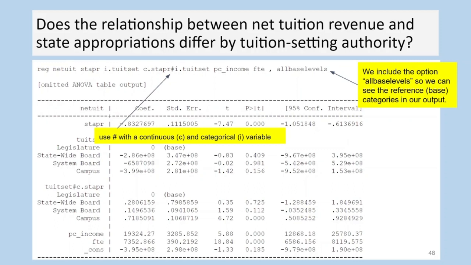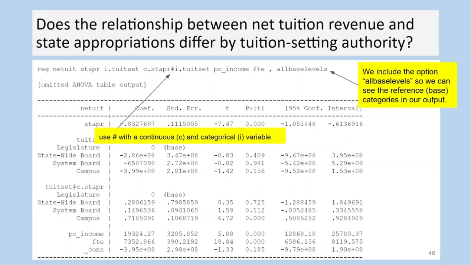This is the direct effect of campus, but you may have an indirect effect when you combine it with state appropriations. So again, you have something else to write about. There's no direct effect, but there's an indirect effect when you combine it.